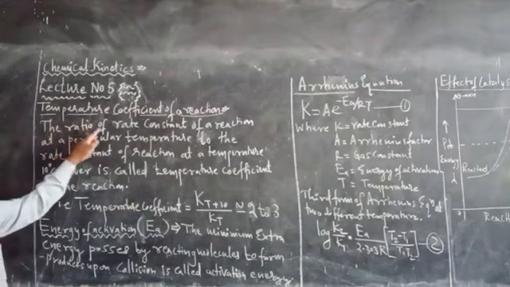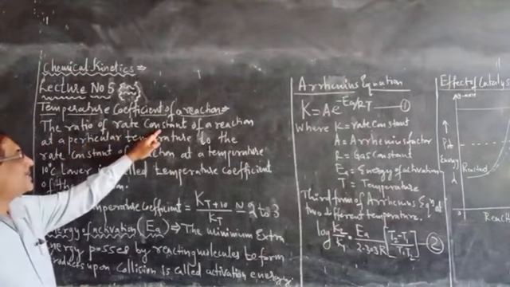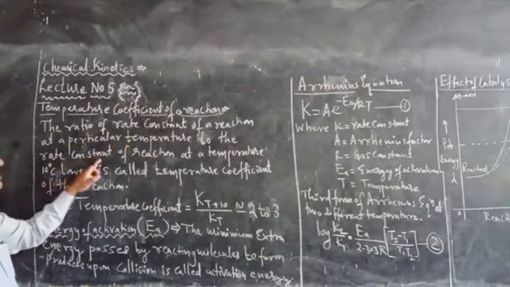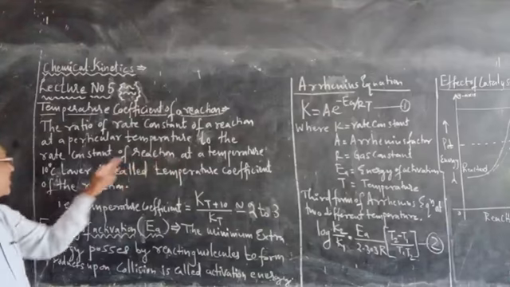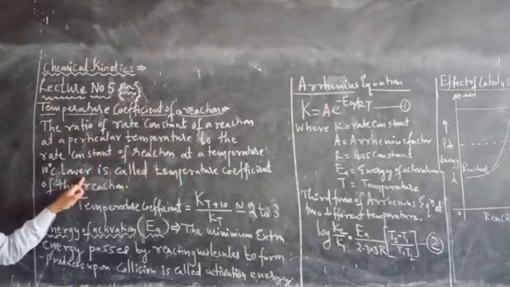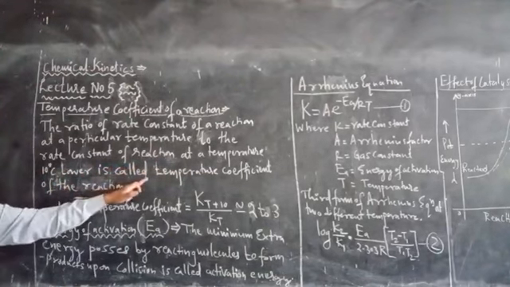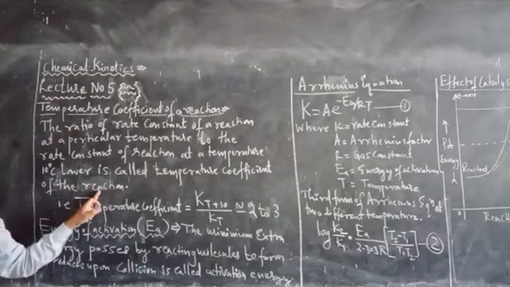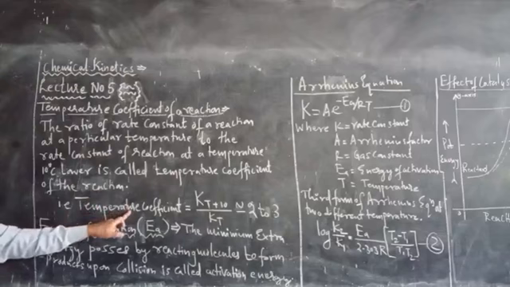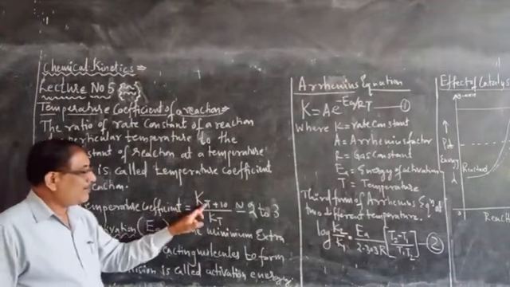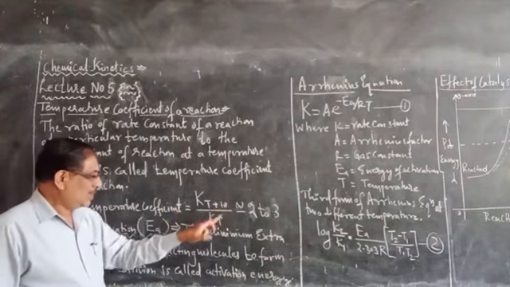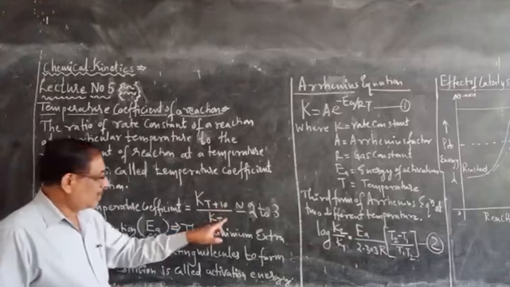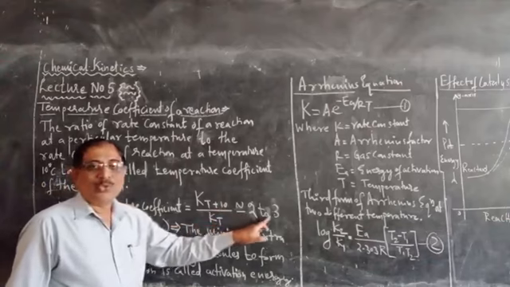The ratio of the rate constant of the reaction at a particular temperature to the rate constant of the reaction at a temperature 10 degrees centigrade lower is called the temperature coefficient of the reaction. Mathematically, temperature coefficient is equal to K(t+10) by Kt, the rate constant at 10 degrees centigrade lower, which is approximately 2 to 3.